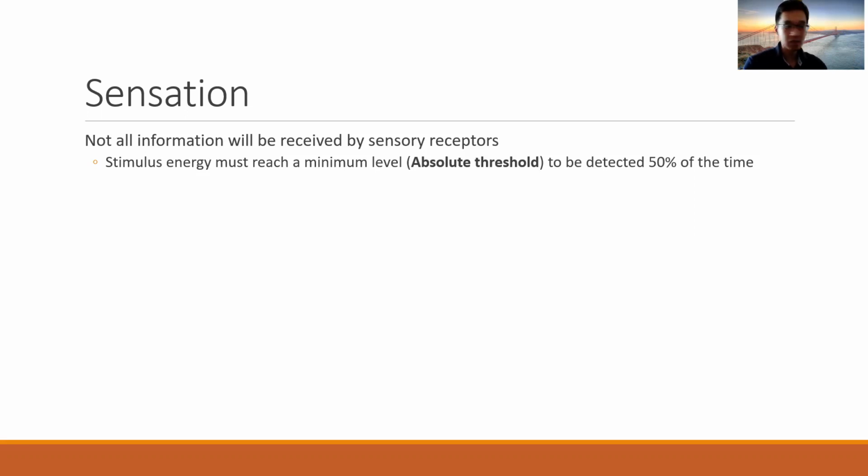If a certain sound is too quiet, we cannot hear it. If a certain light is too weak, not bright enough, we cannot see it, right? So there is a standard. Above a certain level of that stimulus, we can get the information. But if the information is below that level of strength, our sensory receptors cannot get it.